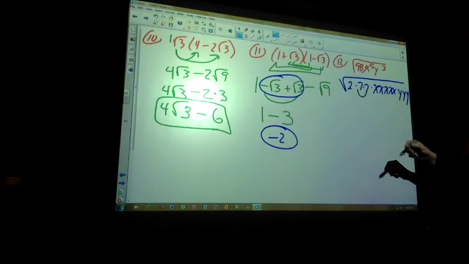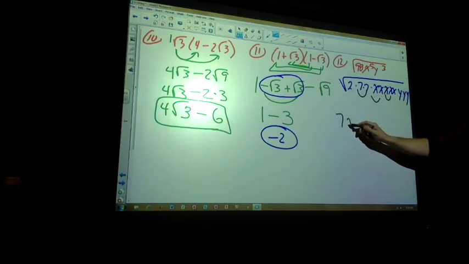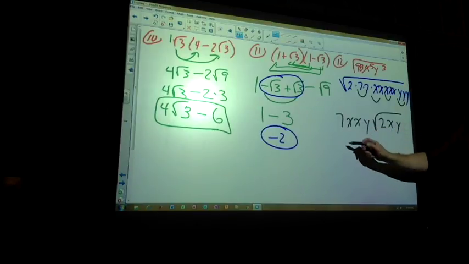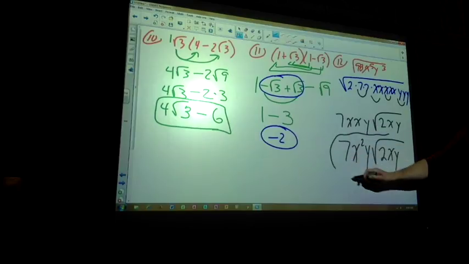What comes out right there? 7. What comes out here? X and X, so it's X squared. And what comes out here? What do I have left in the numbers? 2. What else? X. What else? Y. Okay, clean it up. 7 X squared Y. Good. 2xy. Done.